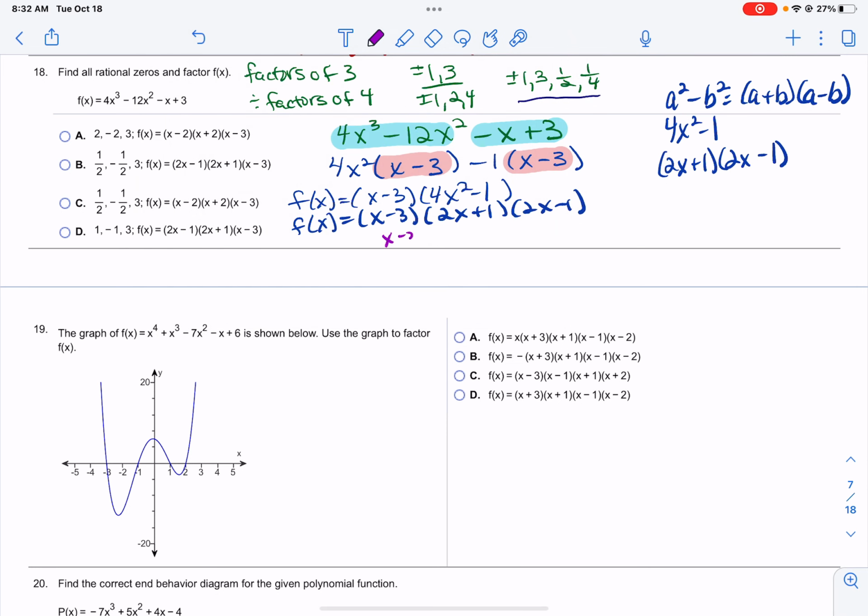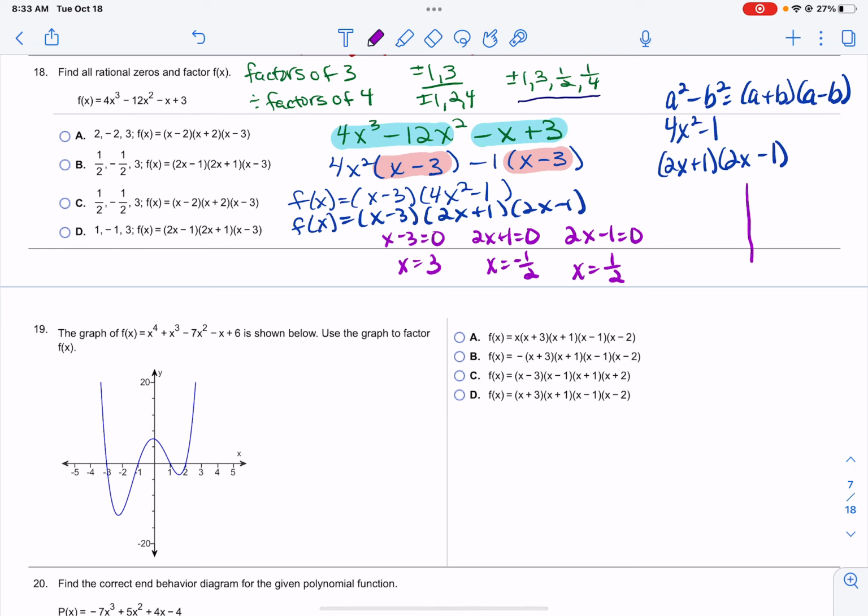Setting x minus 3 equal to 0, x equals 3 is a zero of that polynomial function. Set 2x plus 1 equal to 0 and solve for x to get x equals negative 1/2. And set 2x minus 1 equal to 0 to get x equals positive 1/2. So those are 3 zeros of this polynomial function.